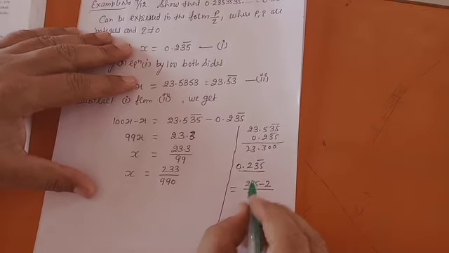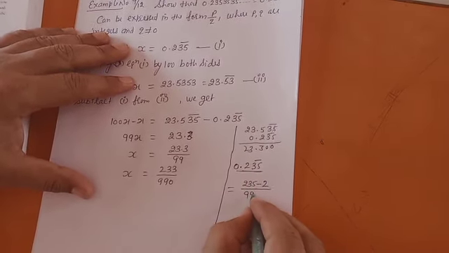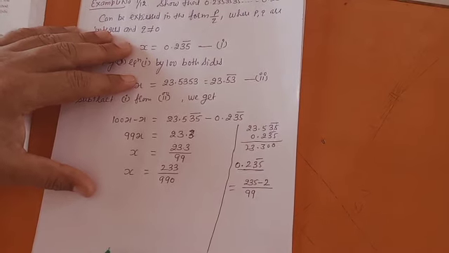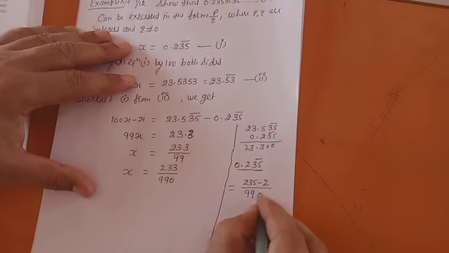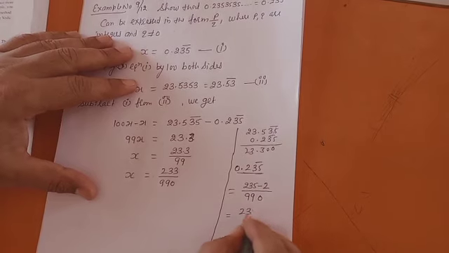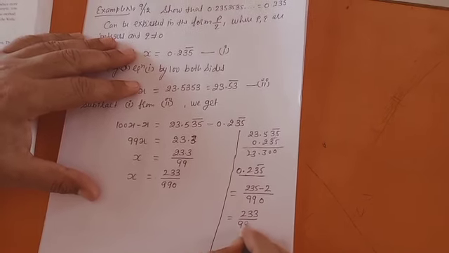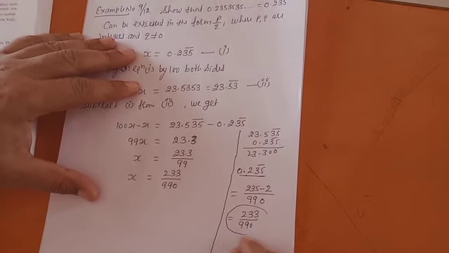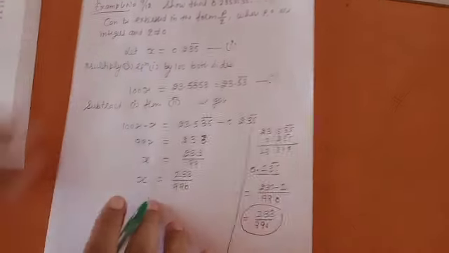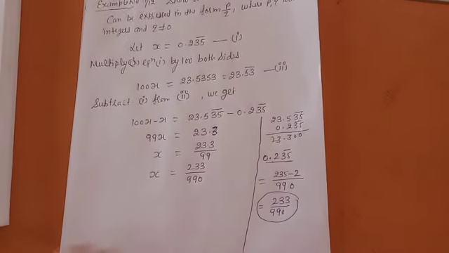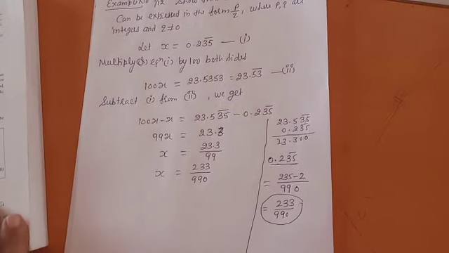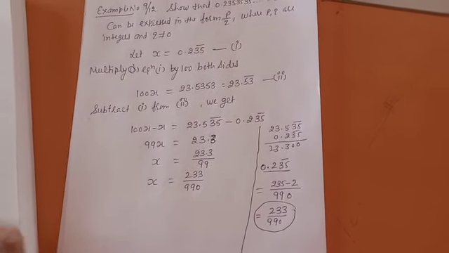Bar on how many numbers? 2, which means 9, 9. And the bar is not on how many numbers? 1 number, so 0. So 233 by 990. This is the way of solving this question in an exam, competitive exam. I think all of you easily understood this.